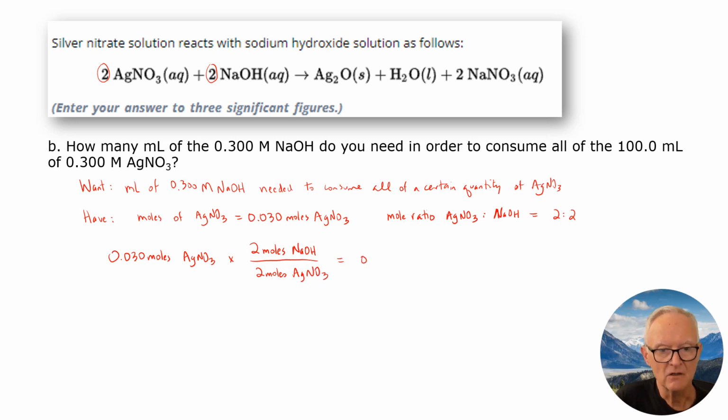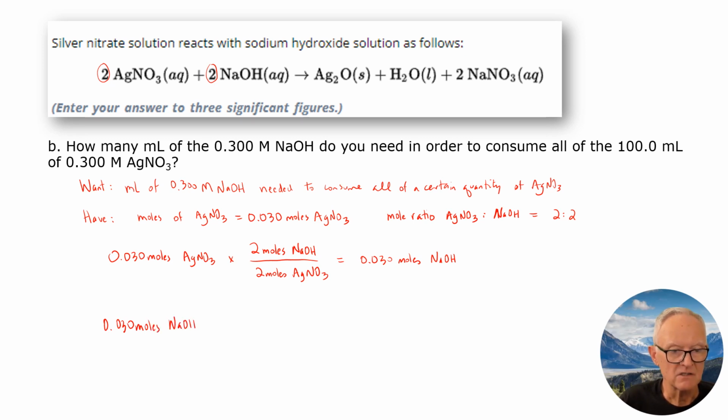And we do that, and of course we get 0.030 moles of NaOH. All right, the mole ratio is 2 to 2, so the same moles of sodium hydroxide are needed as are the silver nitrate that we need.